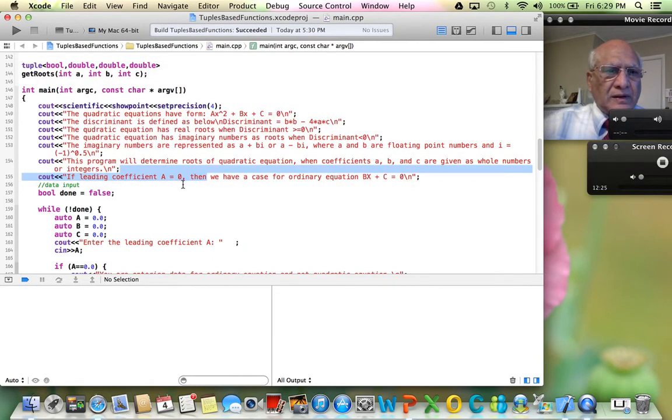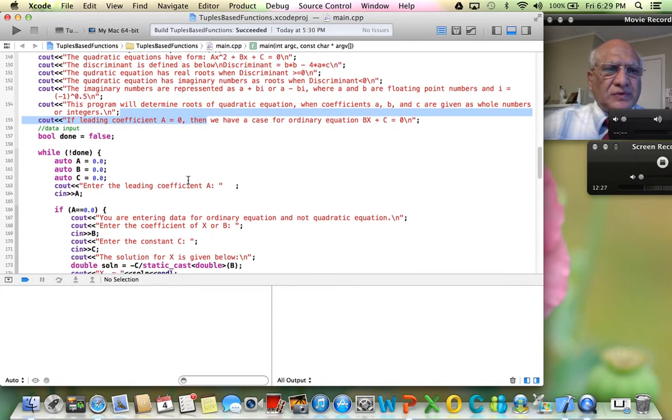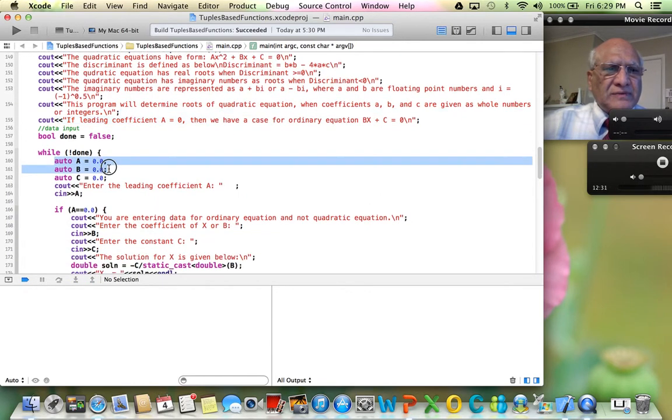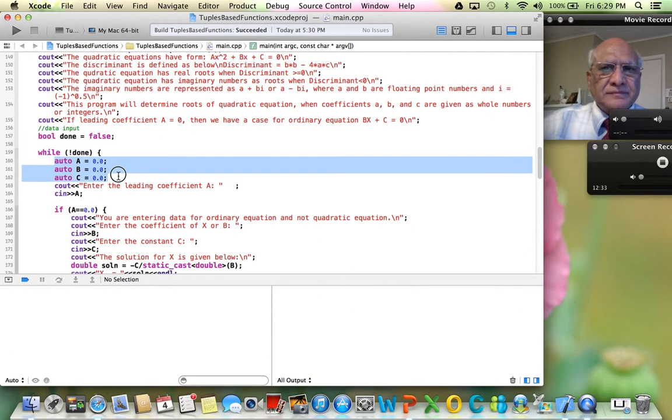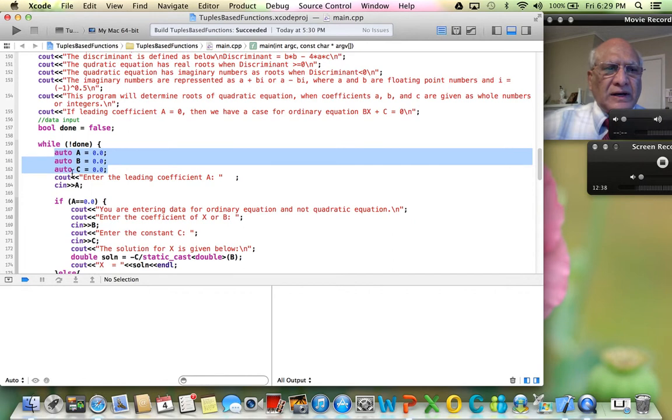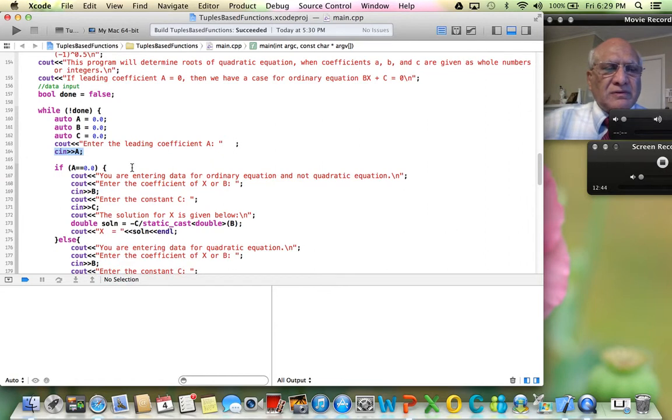And basically I've done a situation that I declare 3 variables here and set them to A, B, and C. I ask for the leading coefficient A. Person enters the A. Notice there's nothing preventing them from entering A equal to 0. And if they enter A equal to 0, then I don't have a quadratic equation.